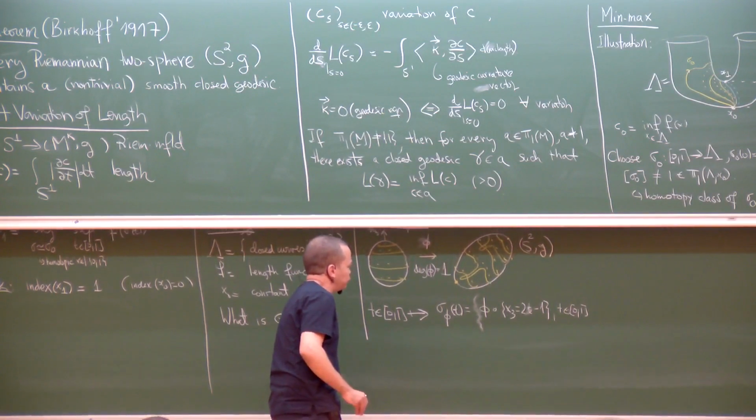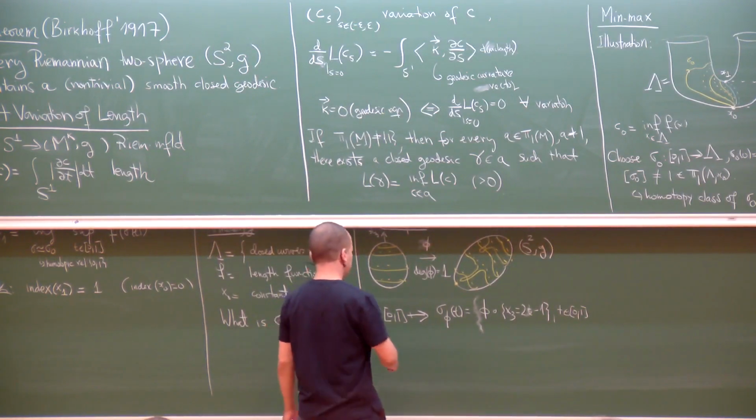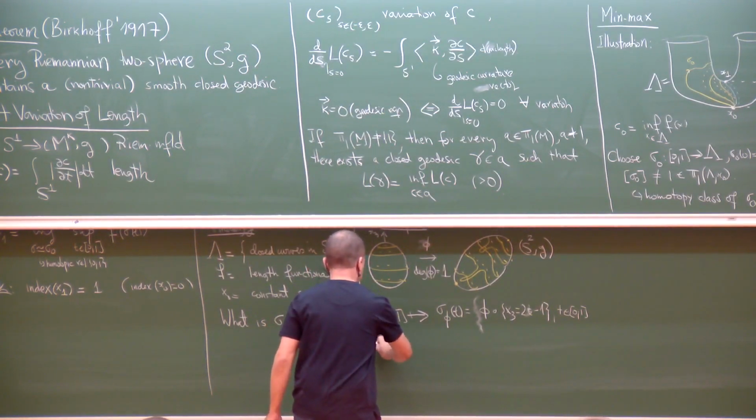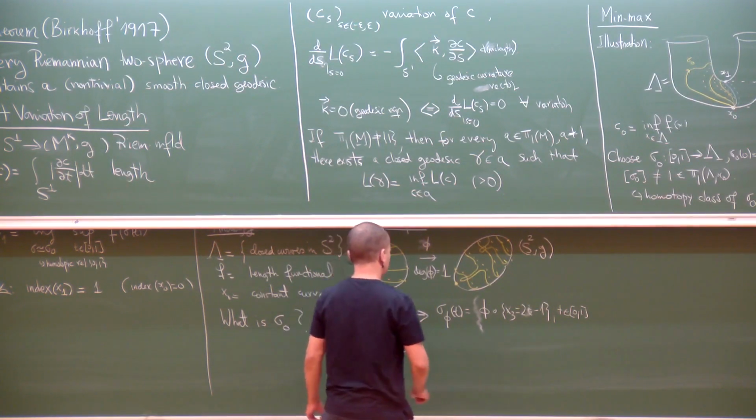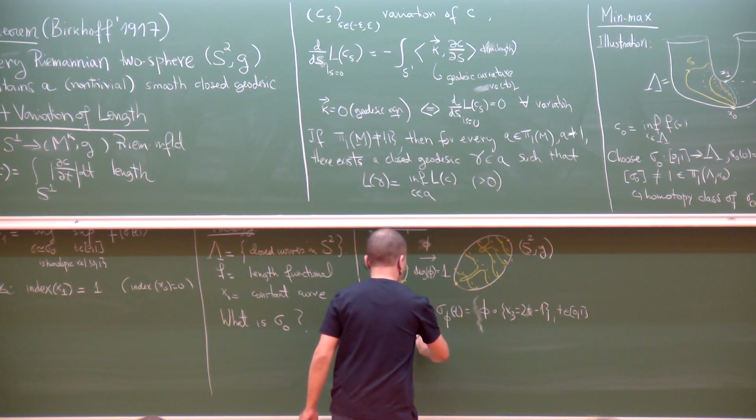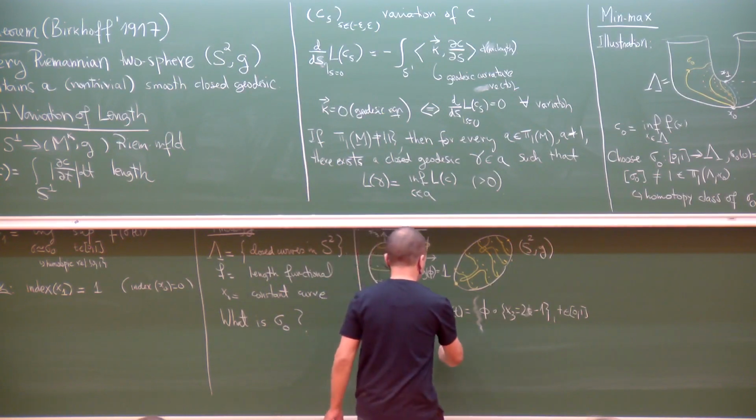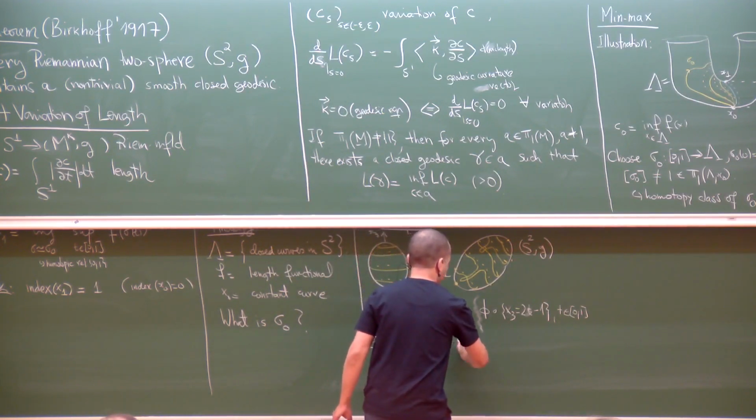And of course, once we have the right notion of sweep out, what I like to do is to do my minimax. So I'll define L bar to be inf sup.